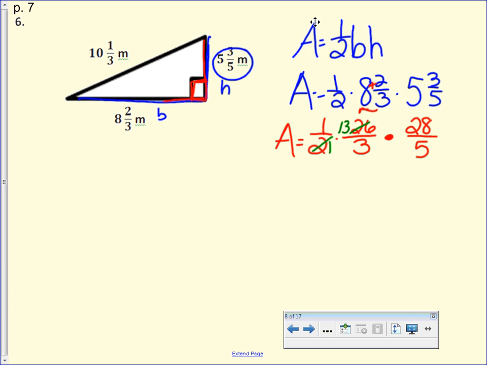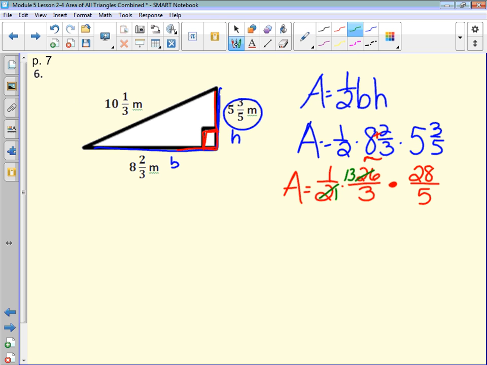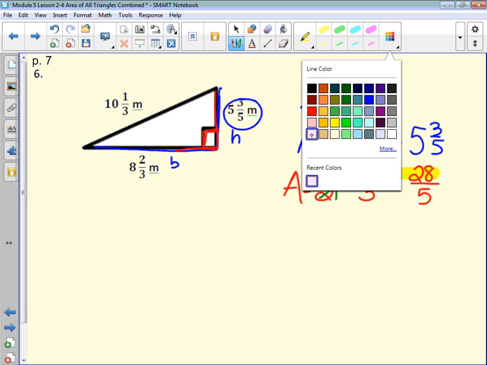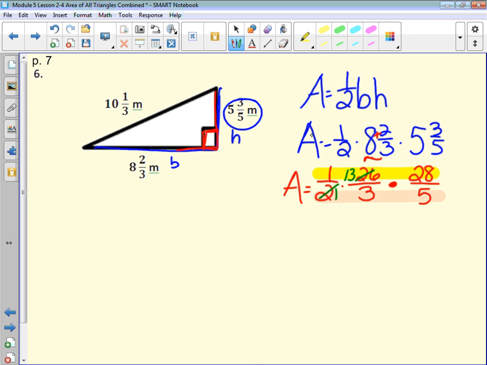It's like reducing a fraction, except we're going on an angle at the two fractions, the numerator of one and the denominator of the other. There's nothing else that we can cross-reduce. So the first thing we're going to do is multiply our numerators, and then we are going to multiply our denominators.